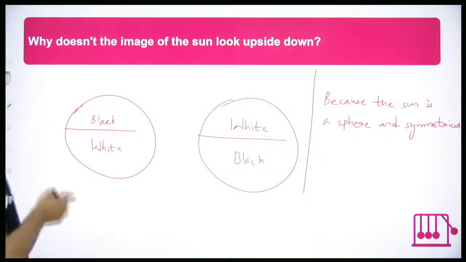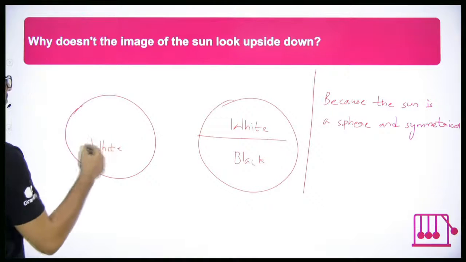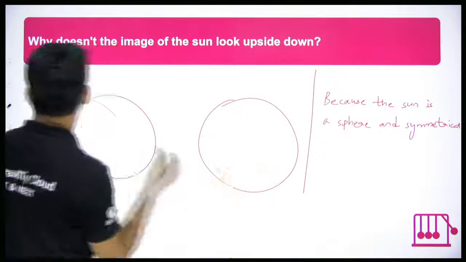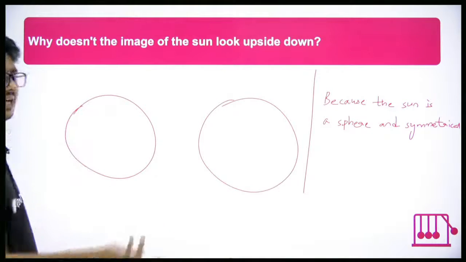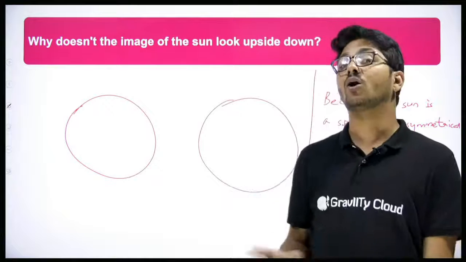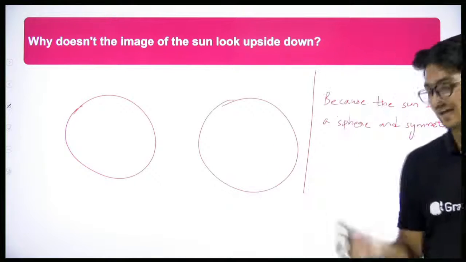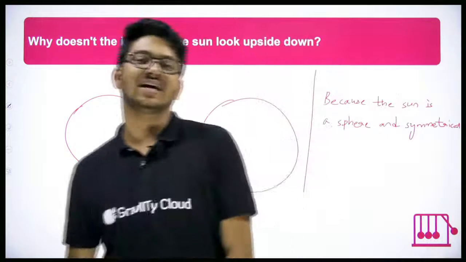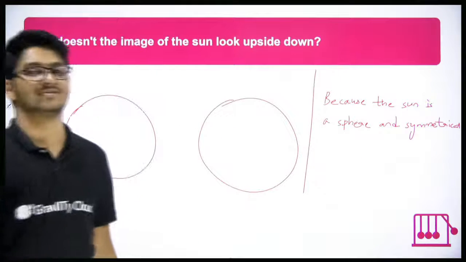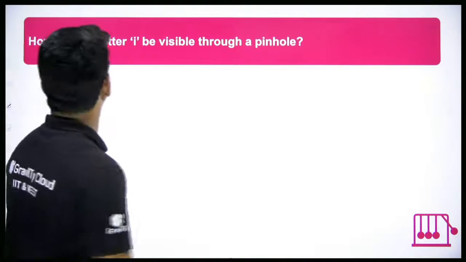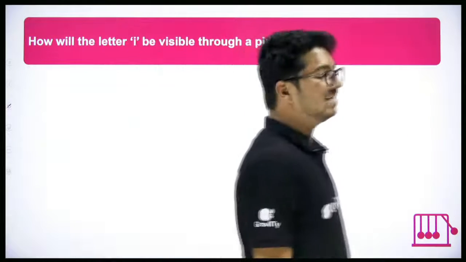But here, even in terms of color, it is symmetrical, it is uniform. The color is the same from top to bottom. Then how can you say which is inverted, which is erect? We cannot. So even if the image is inverted, it will not appear so. Understood? Good.